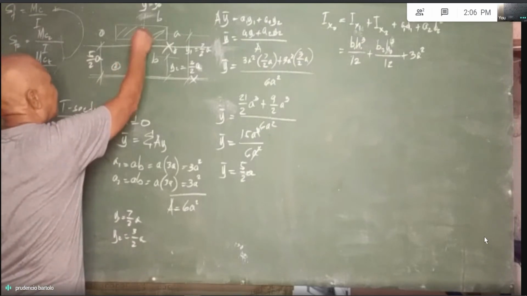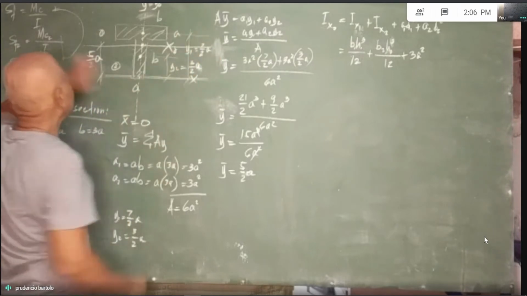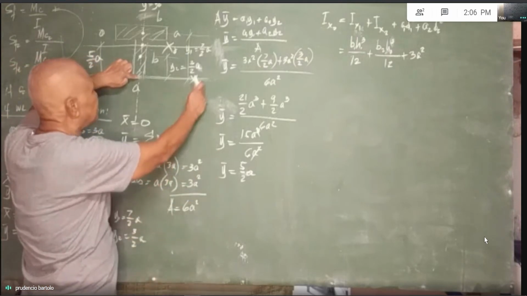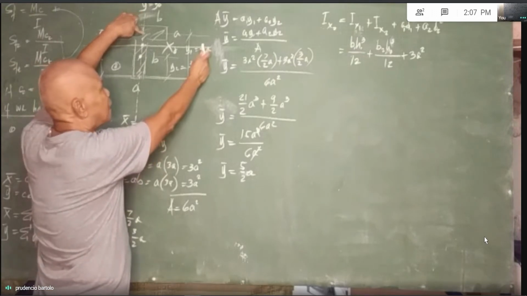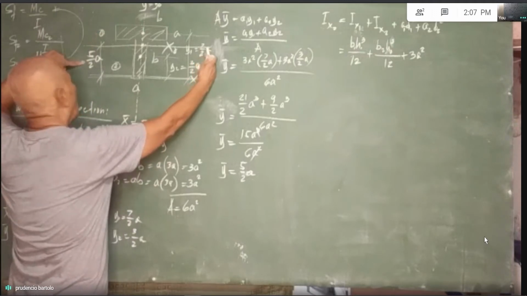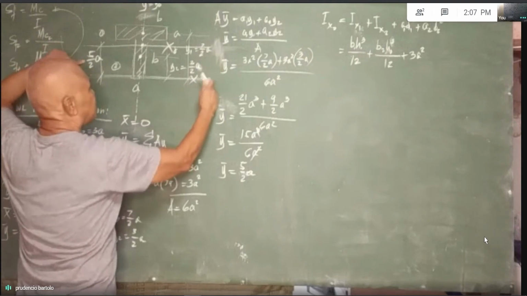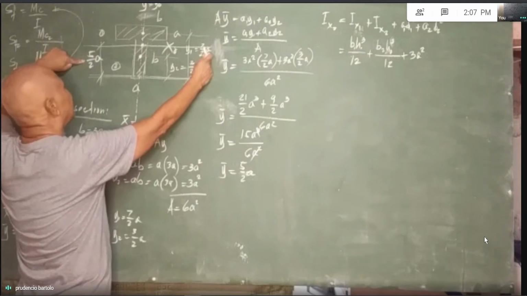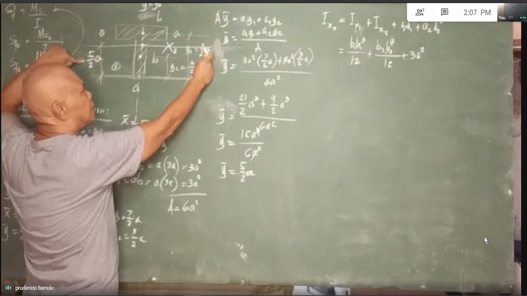Figure number 1 is here. That is the line, and this is the centroidal X. So from this point, reference X, to this point in here is 7 over 2a. The location of the centroid from the reference X is equal to 7 over 2a minus 5 over 2a, or simply a.